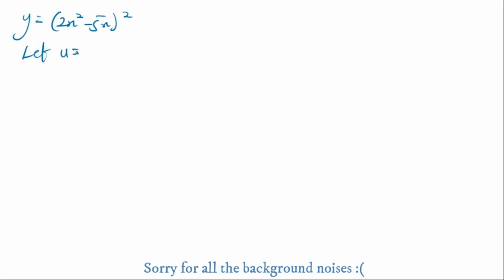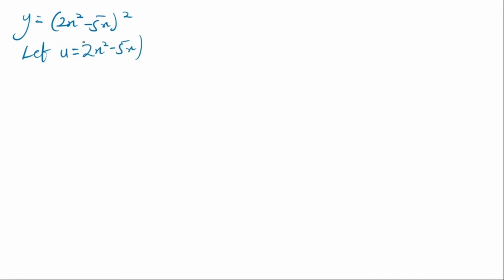Alright, so let's look at an example. The first example we want to look at is y is equal to (2x squared minus 5x) squared. If we are to differentiate this function, we know straight ahead we are to use the chain rule. First of all, let u be equal to 2x squared minus 5x. So the function y is now equal to u squared.